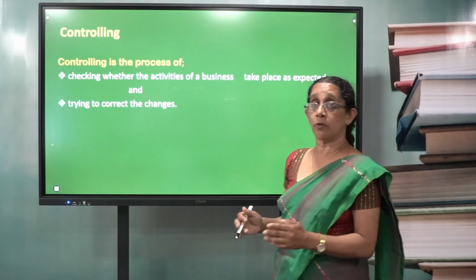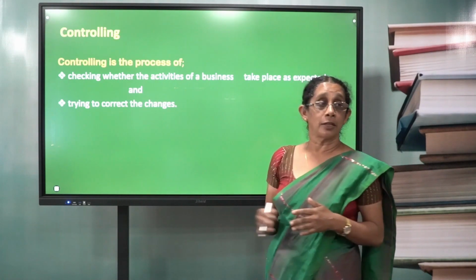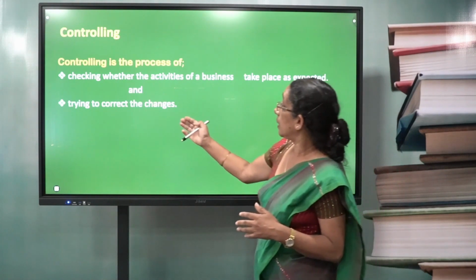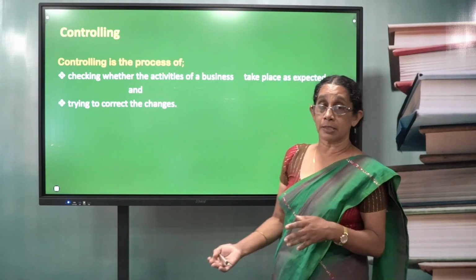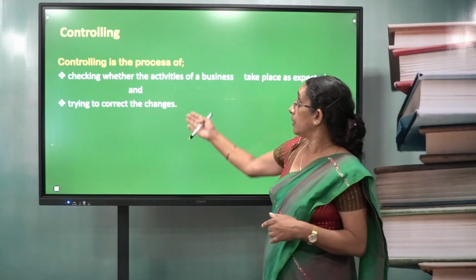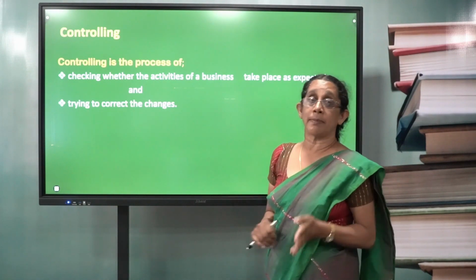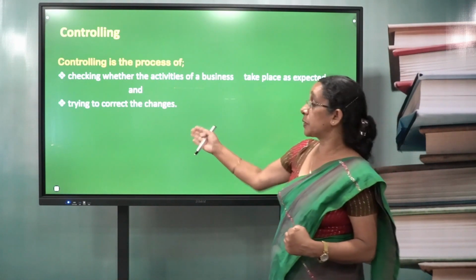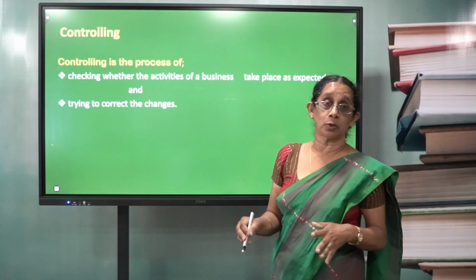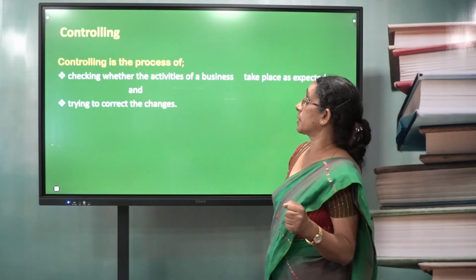Now in our school we have a principal and vice principals, and even class teachers to give the work to. Then the work should be allocated among them. The principal is giving work to the vice principals. The vice principals are giving work to teachers. Right? Then they should be given required resources.